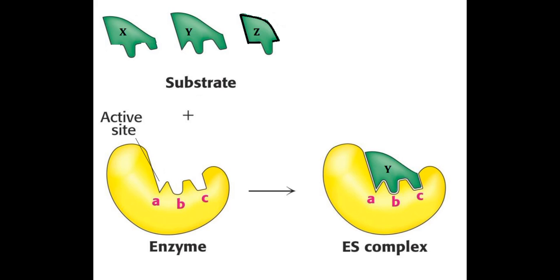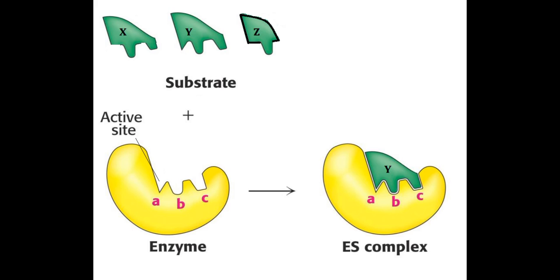See here, the figure shows that there are three substrates, X, Y and Z. The yellow colored enzyme is also there.